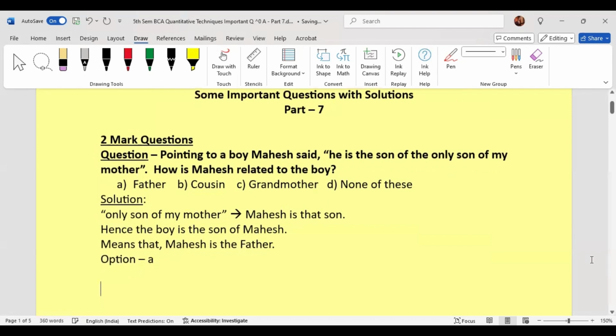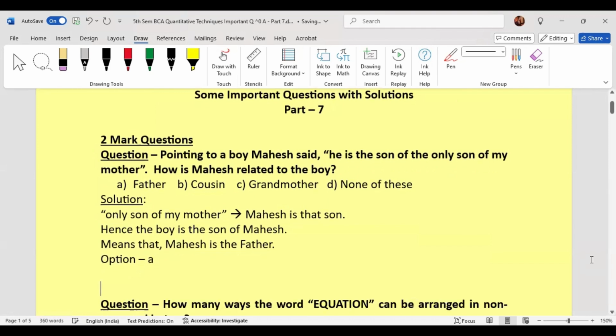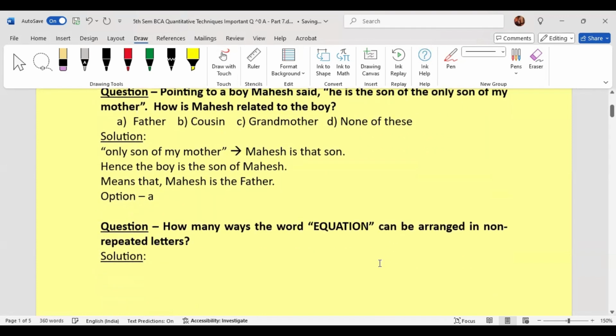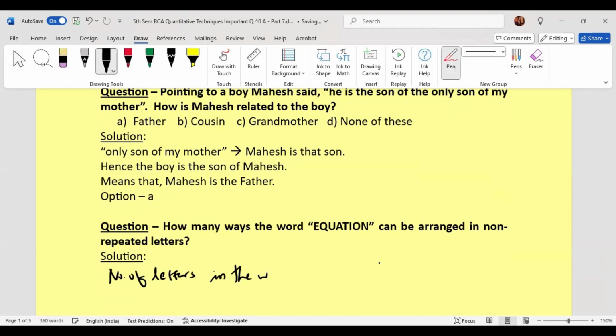Now let us proceed to the next question. How many ways can the word EQUATION be arranged with non-repeated letters? First of all, how many letters are there? Number of letters in the word is equal to 4 plus 4, 8. 8 letters, and there are no repeated letters.